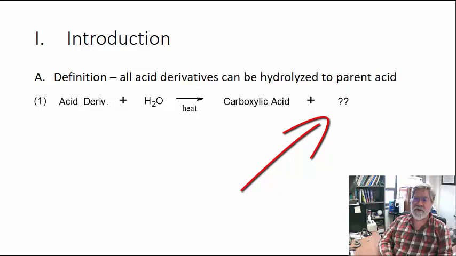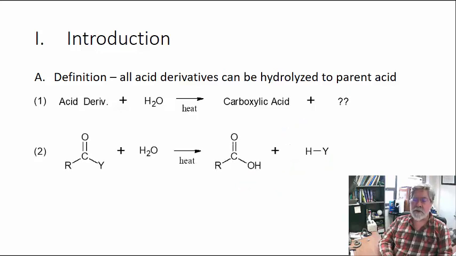A somewhat more specific form is seen in equation 2. The majority of acid derivatives look like this generalized structure, with some R group and a carbonyl that comes from the carboxylic acid, and then a generalized derivative group symbolized by Y. This structure will add water, again maybe needing heat, maybe not, to yield the parent carboxylic acid and, in this case, HY.